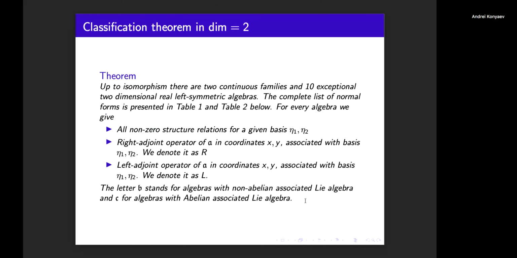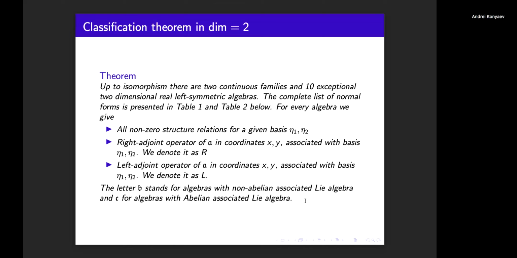But it turns out there are a lot of left symmetric algebras which are not isomorphic. Actually there are 10 exceptional algebras without any parameters, and 2 continuous families with parameters, right? And the complete list of normal forms is presented in 2 tables.